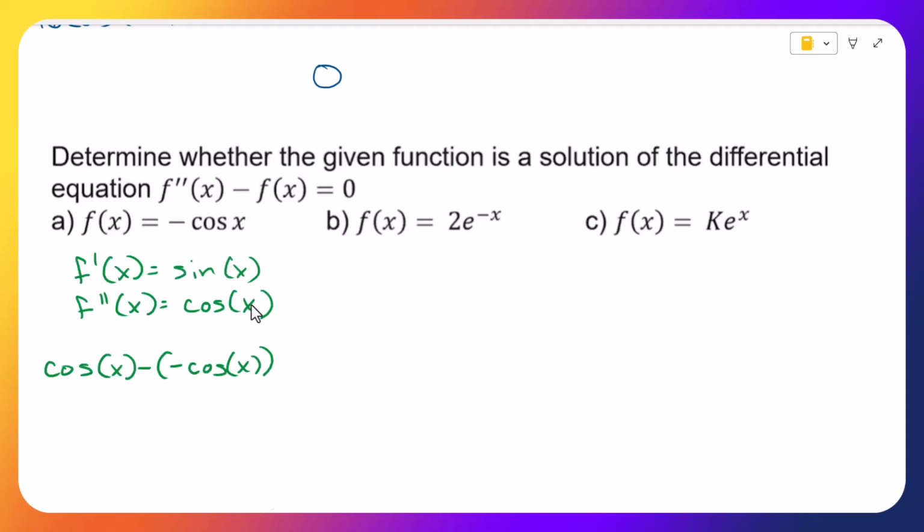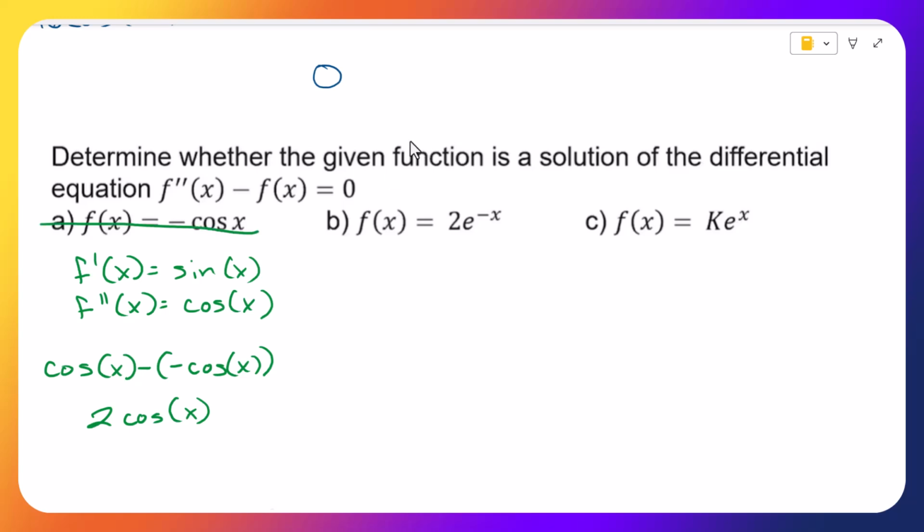So this is our f double prime, cosine of x, minus, because I'm trying to verify if f double prime minus f is true, so minus negative cosine of x. That's going to give me 2 cosine of x. 2 cosine of x is not 0, so this is not a solution. So I'm just going to cross that one out.